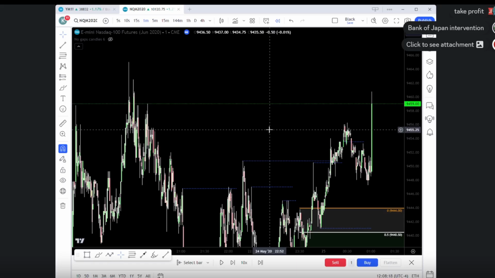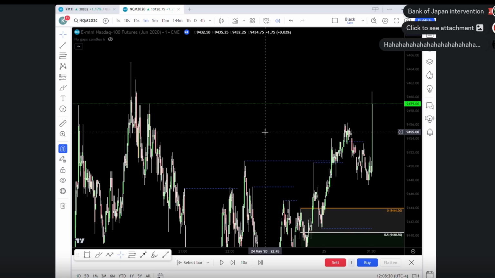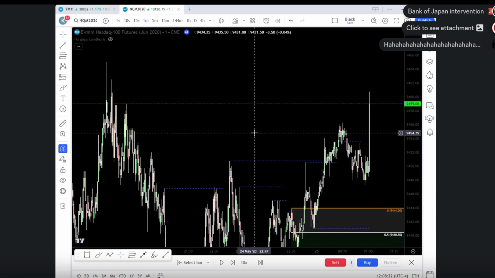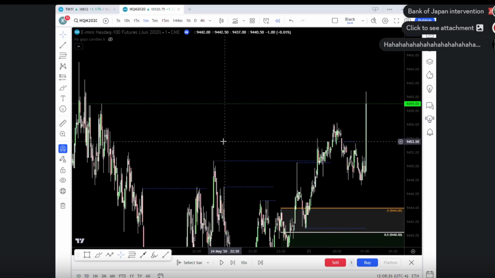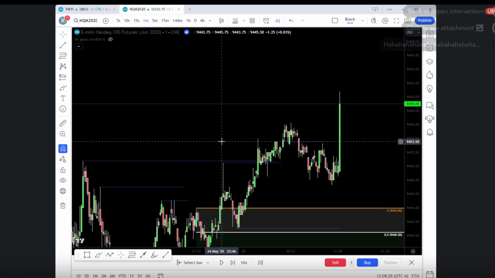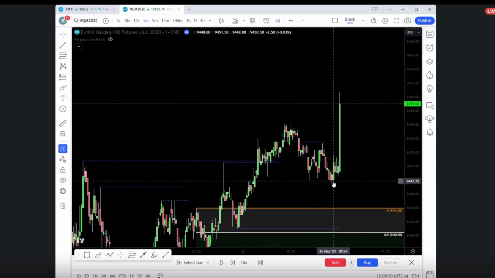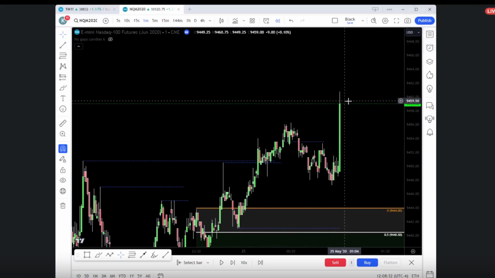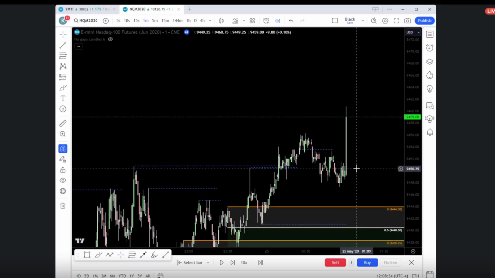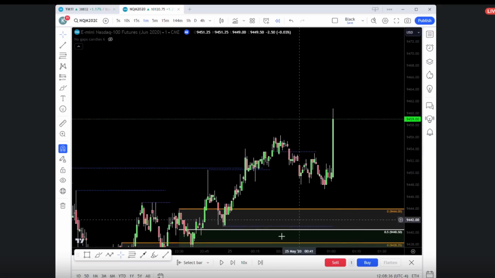Anybody still along? Money printer. By the way, what happens if you don't take your profits in here? A long to another valid high.